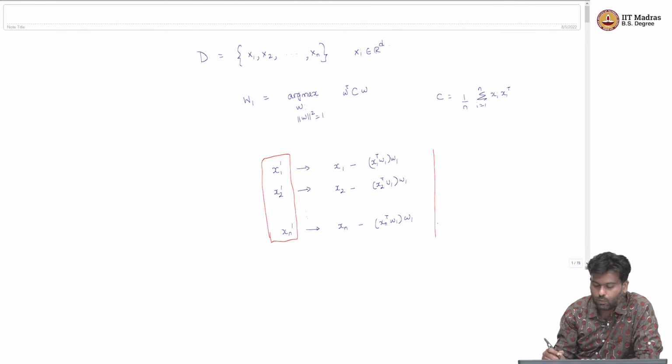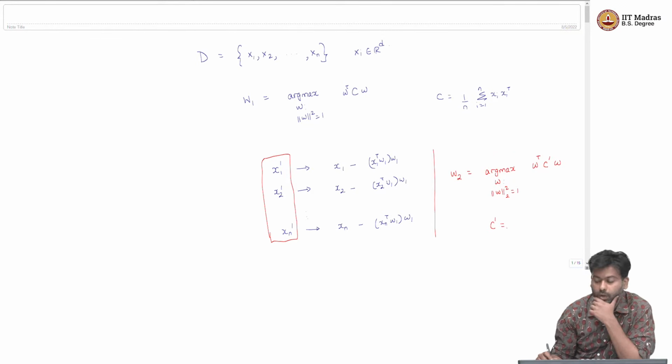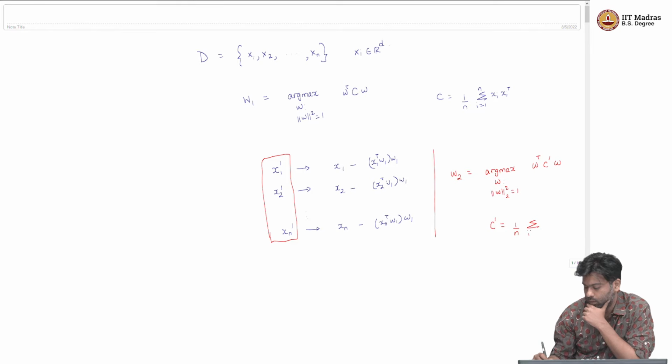So now what would our w2 be? Our w2 would be the argmax over w, such that norm w squared equals 1, of w transpose C prime w, where C prime is now the d cross d matrix that you compute out of these error vectors, which would simply be 1 over n sum over i equals 1 to n of xi prime xi prime transpose.